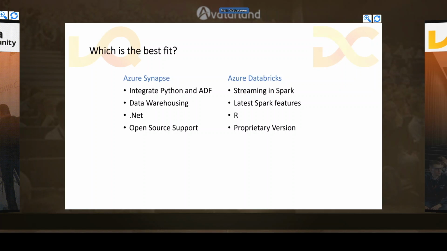There are a number of kind of neat features that were added as part of Spark 3.0 that are not in Synapse, including full-on ANSI SQL within Spark SQL, as well as some of the additional features and functionalities which were added to Spark that are not included in Synapse, but they're only in Databricks.